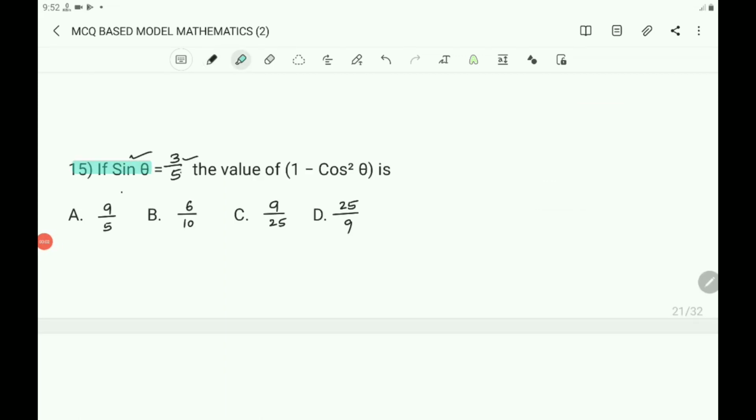15th question. If sin theta equals 3 by 5, the value of 1 minus cos square theta is. Here sin theta is given. You know that here you must take the help of the Pythagorean triplet. If you consider this is the triangle ABC, consider this is the theta.